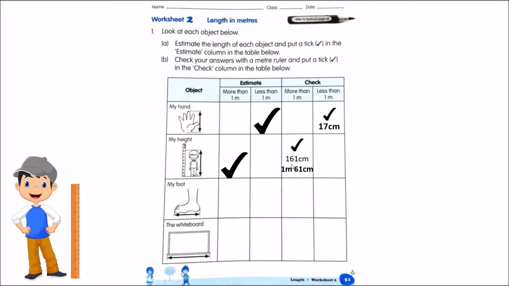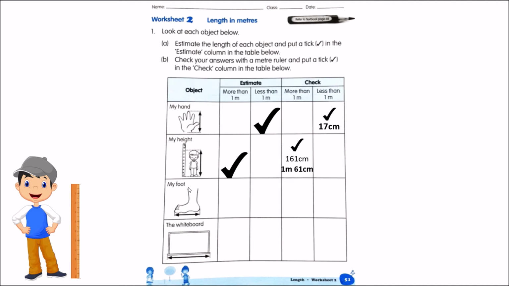Now that sounds like a lot, yeah? But actually I am 1 meter, so 1 ruler, plus 61 centimeters. So a little bit more than the 1 meter ruler. Maybe up here. And you're going to measure your height and ask mum and dad to help you and see what your height is.